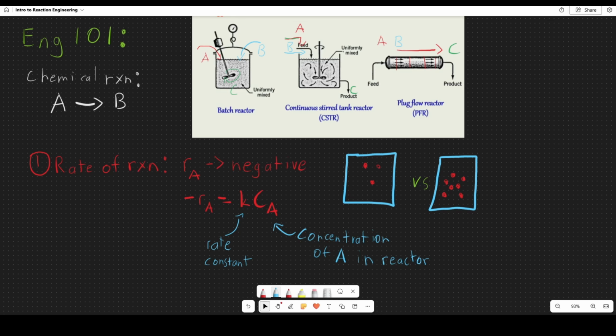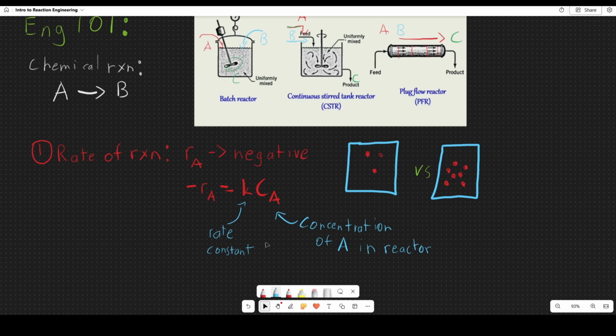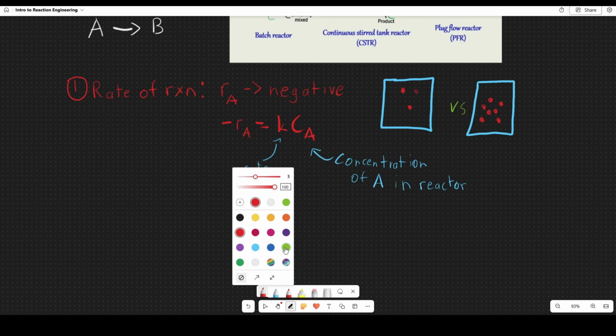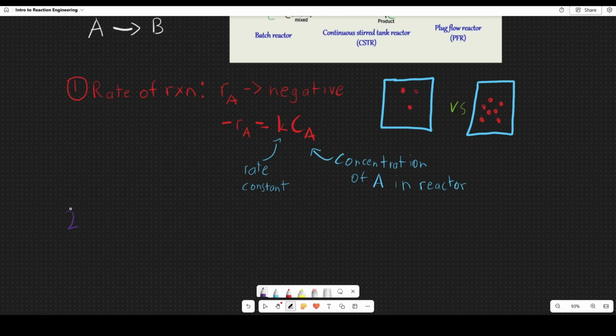All right, so here is where the biggest part of reaction engineering comes in, and it's the mole balance. So step two, the mole balance. What is this mole balance and why is it so important?